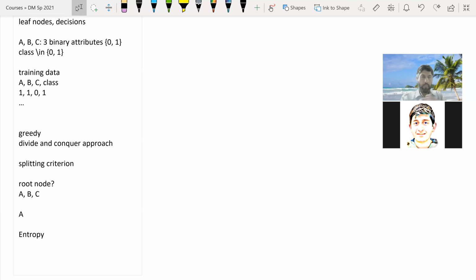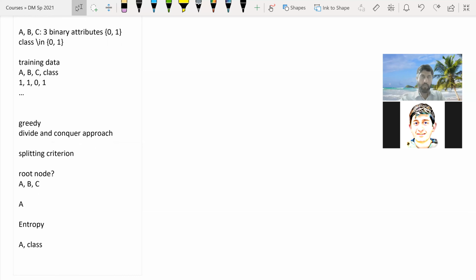Okay? So let's say, for an example's sake, let me take an example: you have A and a class, and of course there are only two classes in this data set. So let's say, when A is equal to 1, the set of objects with A equal to 1 have class labels.